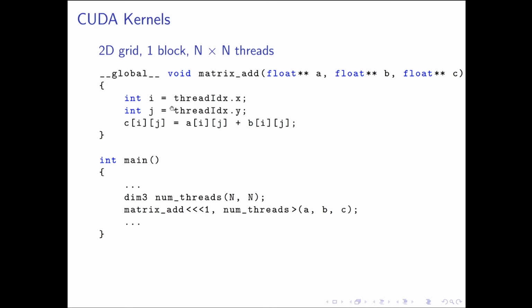And that means that the thread index x and the thread index y variables are now set. In the kernel, the thread index is always a three-dimensional variable, but if we call a kernel with a configuration that would be 1D, then thread index y would always be 0, so it wouldn't make sense to actually access it that way.